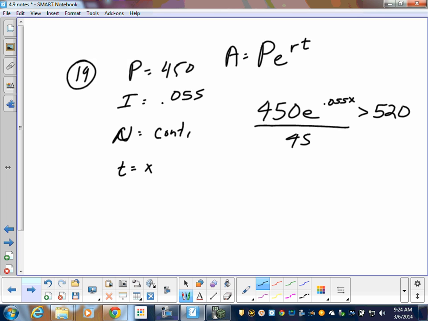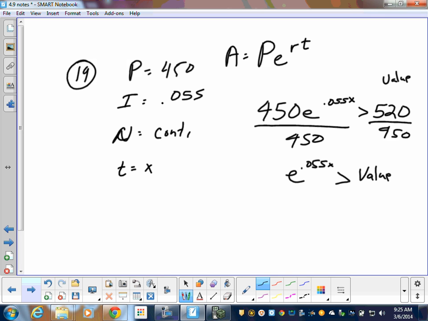Divide by 450. Divide by 450. So e to the 0.055x is greater than this value right here, 520 over 450, or 52 over 45. So whatever this value is, I'm just going to write the word value right there for a second. Whatever that is, that number goes right there.